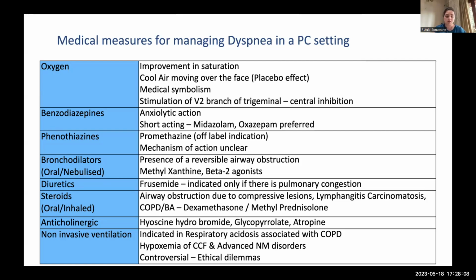Diuretics, now certain literature states that in certain cases, nebulization with furosemide, especially in the presence of pulmonary congestion, has reduced the breathlessness. Now, it's not very effective in all the patients.